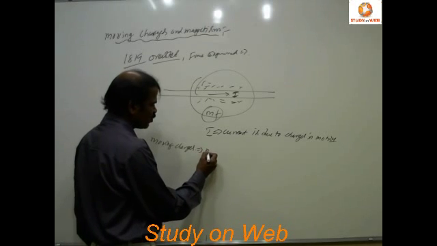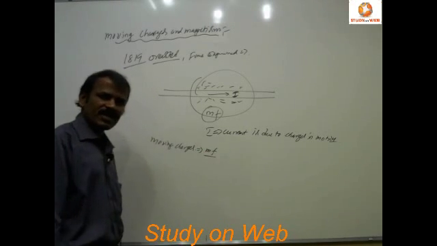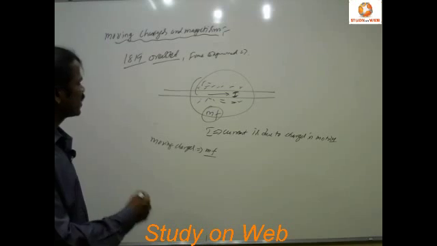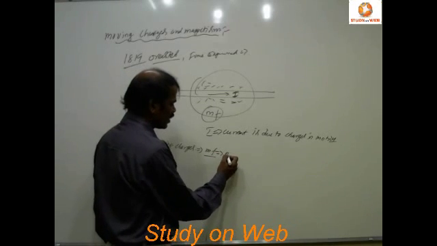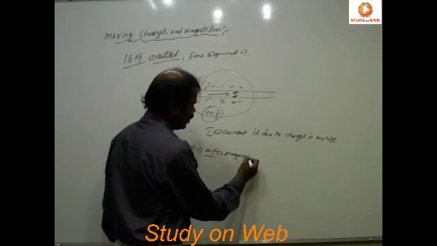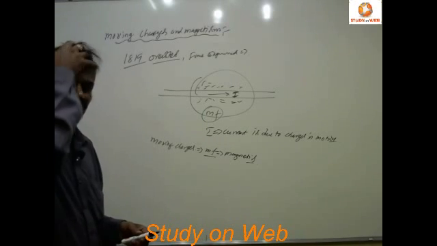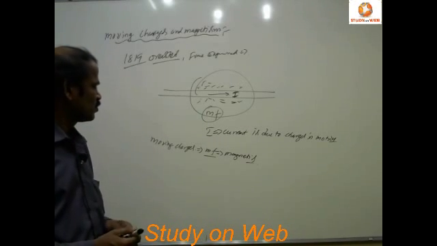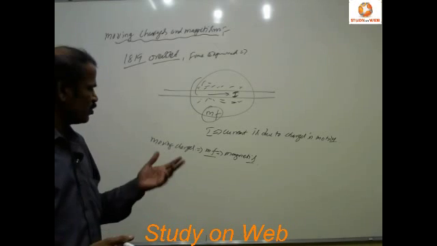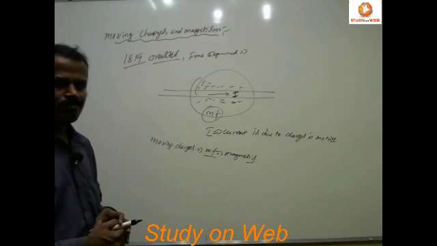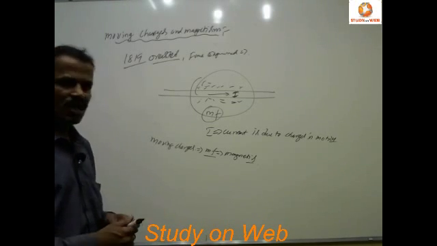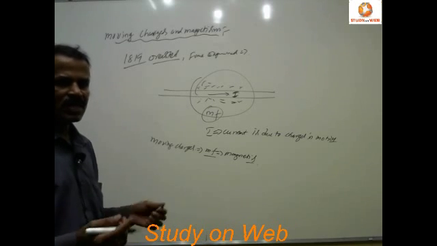These moving charges produce a magnetic field. That is what we call moving charges and magnetism. In this we are going to discuss different aspects of this magnetism, about the charges, current flowing through a circular coil, everything we discuss.